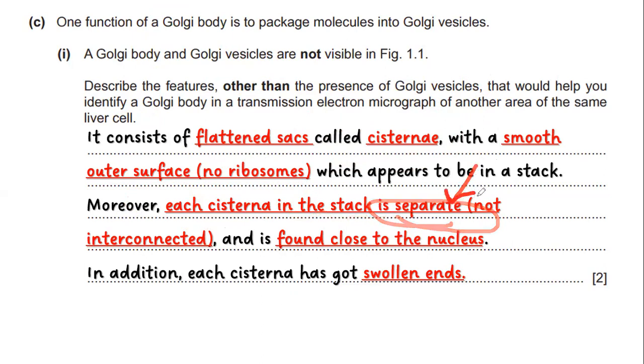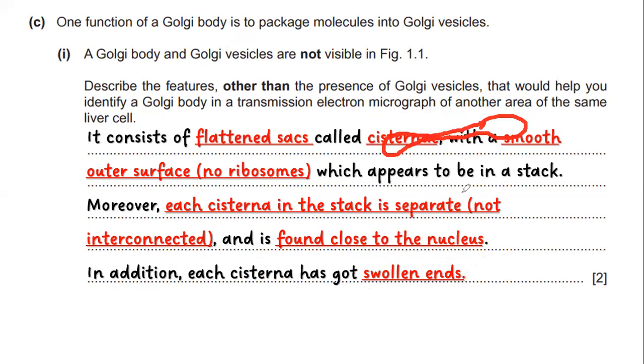Le smooth ER, les cisternae sont collées, mais Golgi body, ce système, il est séparé. Veut dire, il n'est pas interconnecté. Et en addition, chaque système, il y a une structure un peu comme ça.